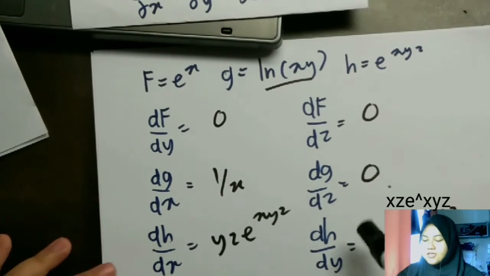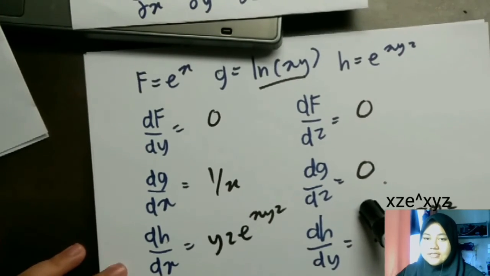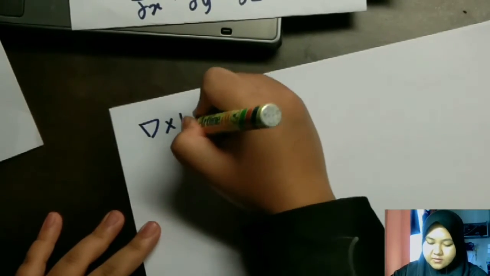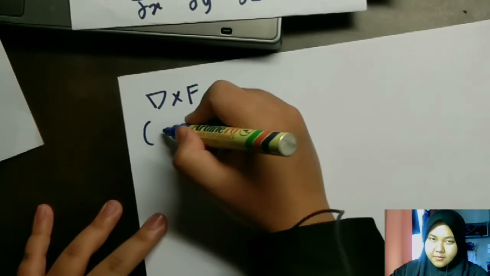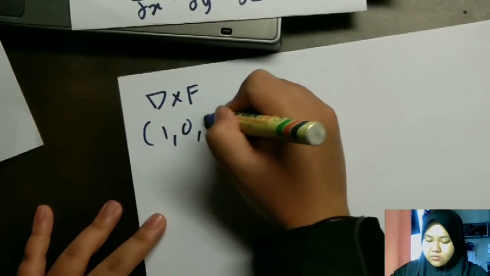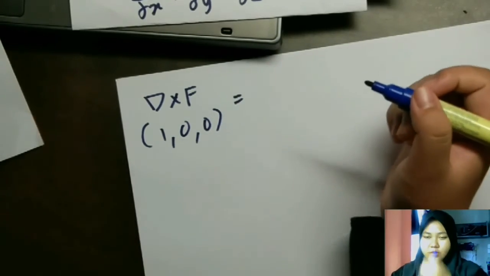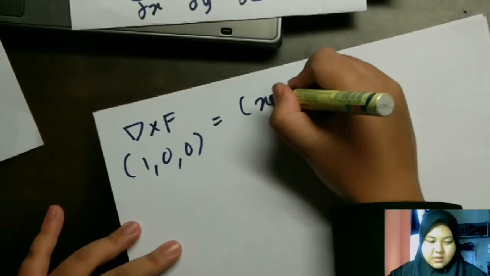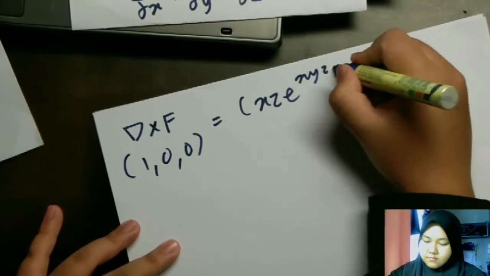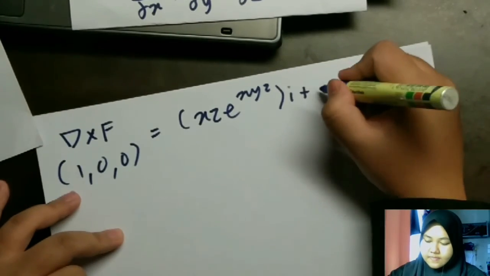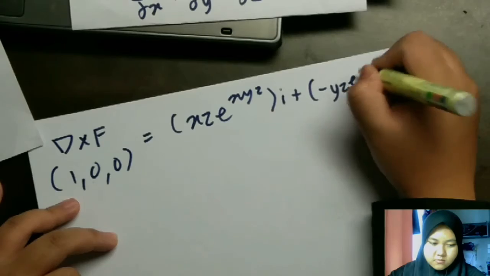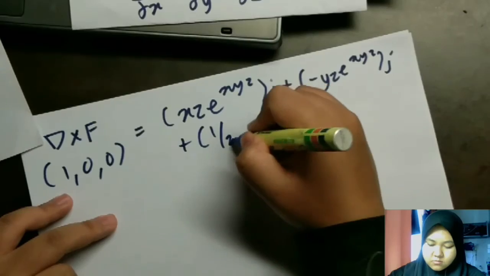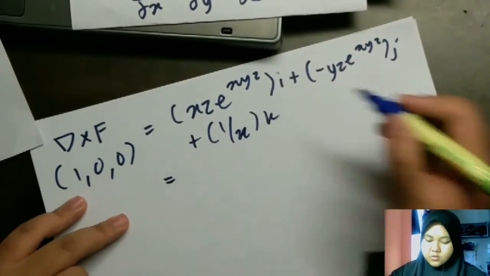From here we can find the curl at point 1, 0, 0. We must find the curl first. Using the formula, we insert the values.